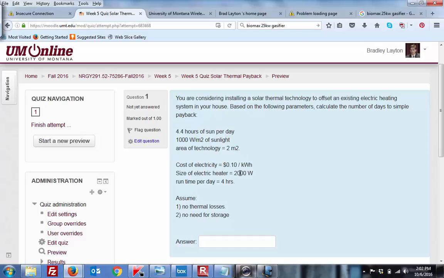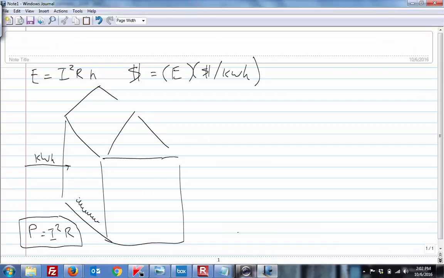So first of all, let's just see what we're paying on a daily basis. So this is 2,000 watts, and we're running for 4 hours, and the dollars per kilowatt hour are 10 cents. First, let's get the energy in here. So this is going to be dollars per day.